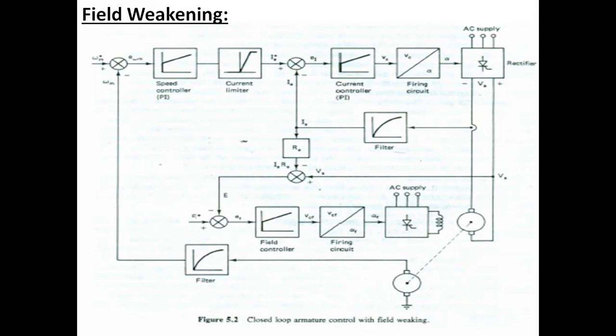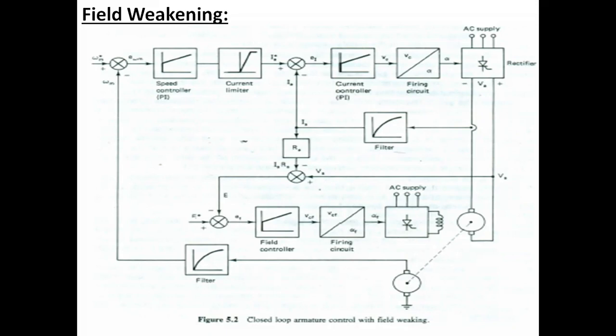If the field controller saturates due to large values of the error ER, the rated voltage is applied across the field. So we get the maximum field current for motor operation below the rated speed only. When it is closer to the base speed, the field controller comes out of saturation.